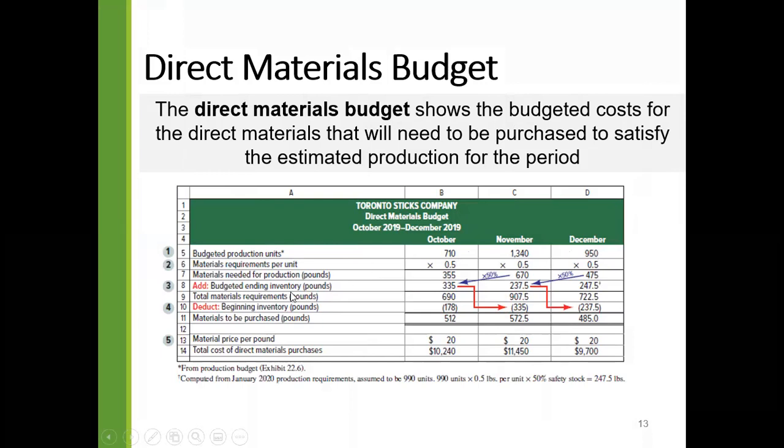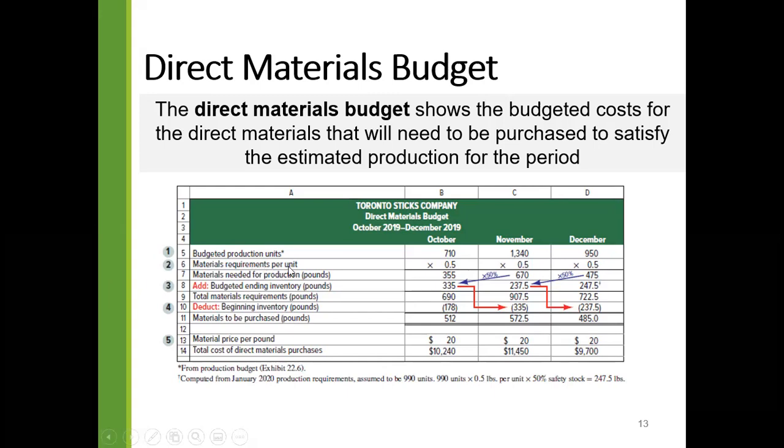So number 2, material requirements per unit. In this case, remember, we're producing hockey sticks. So each hockey stick requires 0.5 pound of wood. I think hockey sticks are still made out of wood.